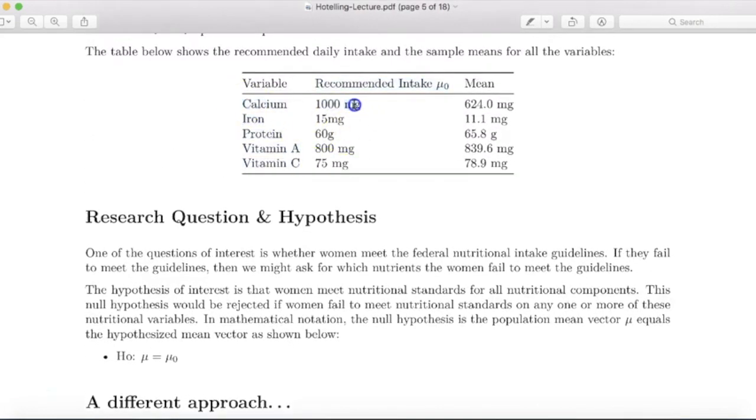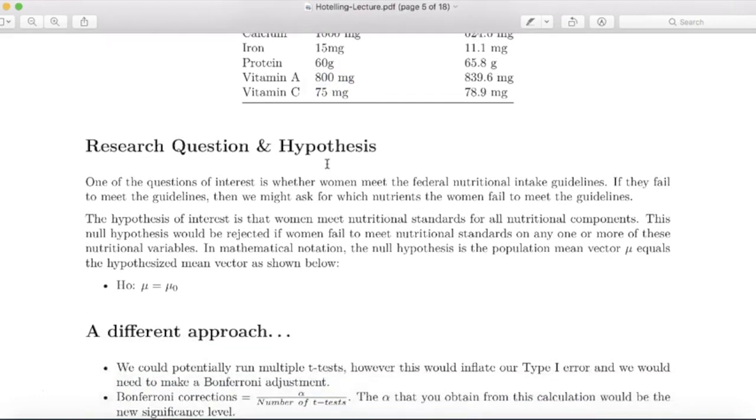If I do a t-test for this one, and I'm using a 0.05 alpha, that's 5%. 5% of the time I could be incorrect and committing type 1 error. Another 5% for iron, another 5% for protein, another 5% for A, and another 5% for C. So once you add them, it's a lot.